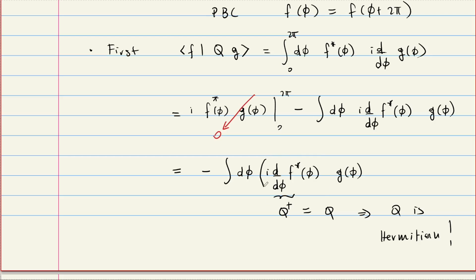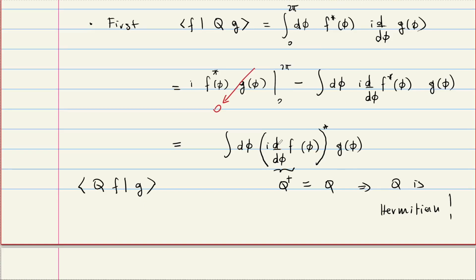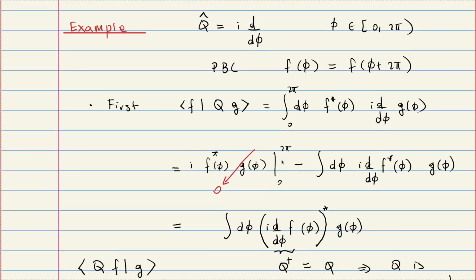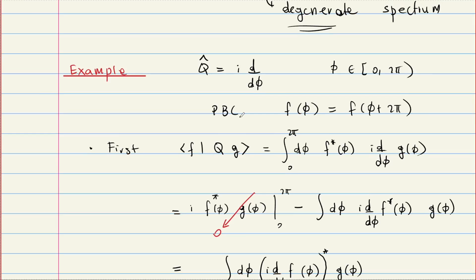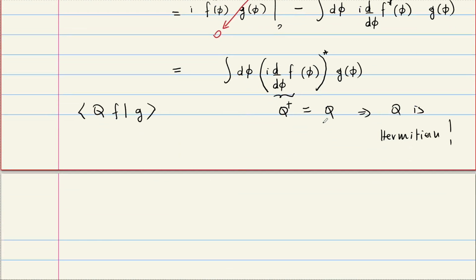If I want to do that, I can do it like this. But there's an i, so there has to be a minus here. But this minus I can carry out and cancel these two. Then I have this Q acting on f, g, consistent with our bracket notation. And when I look at the operator, this is i d/dphi, and Q is i d/dphi. From there I deduced Q dagger is equal to Q. Good.